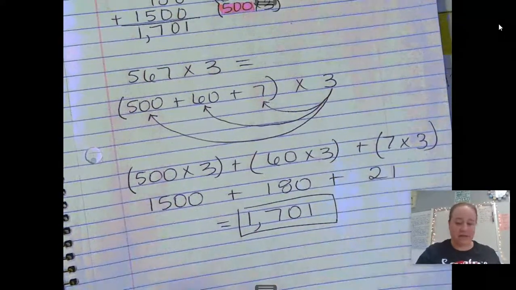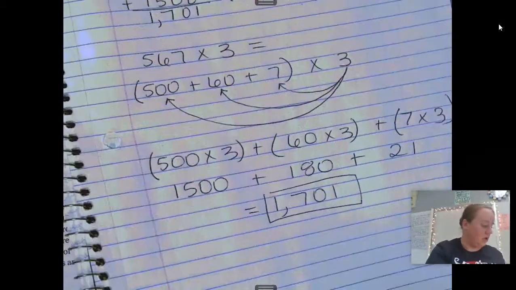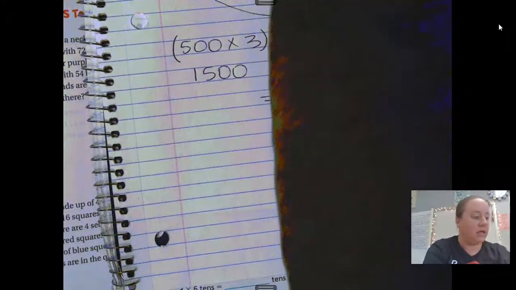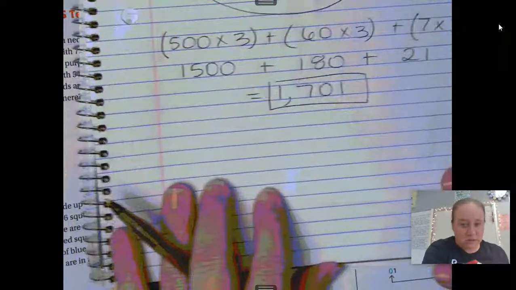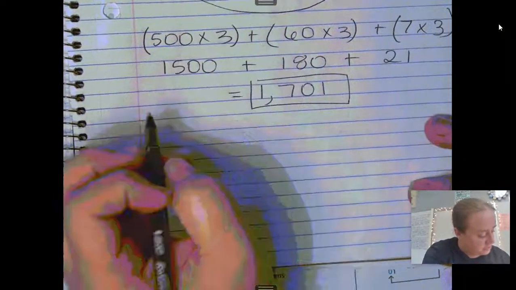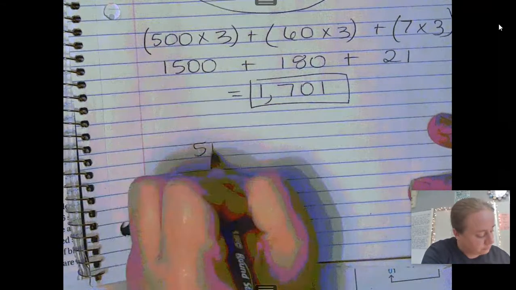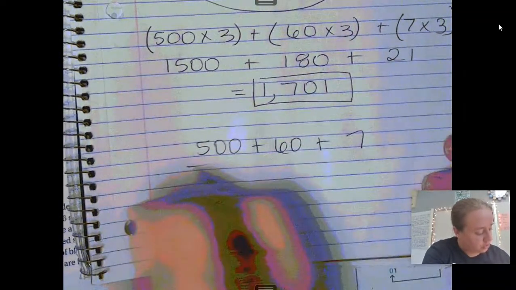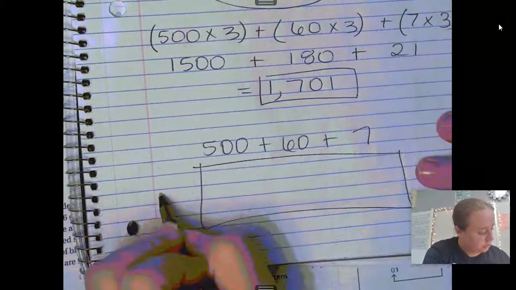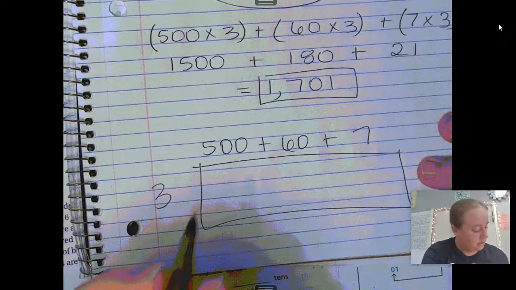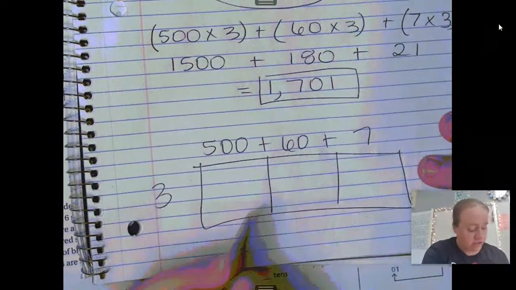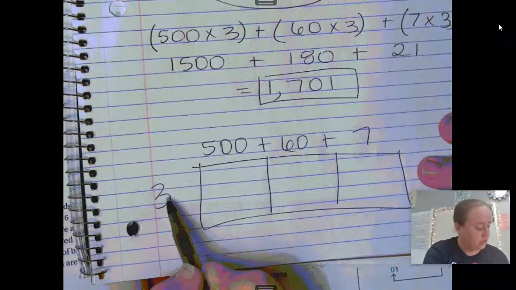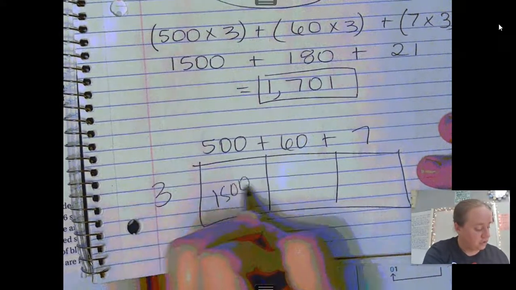So either way is fine. I think most of the kids are liking the box. So same thing, you're going to take your 567, you're going to put it into your expanded form, draw your box, put your number you're multiplying on the outside, draw your lines down where you've got those plus signs, and then you're still doing the same thing. 500 times 3, which is our 1,500.